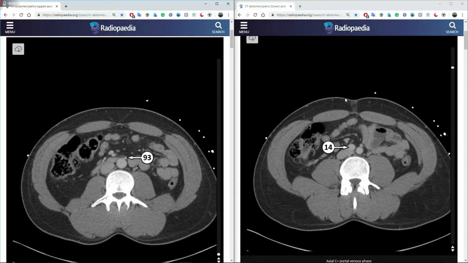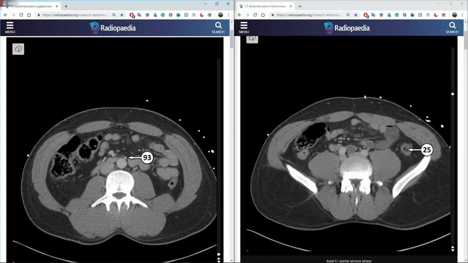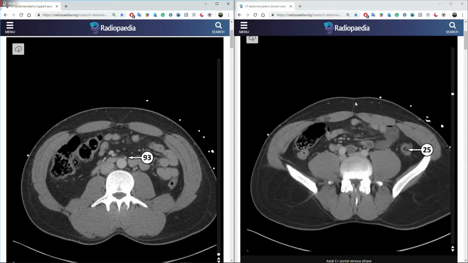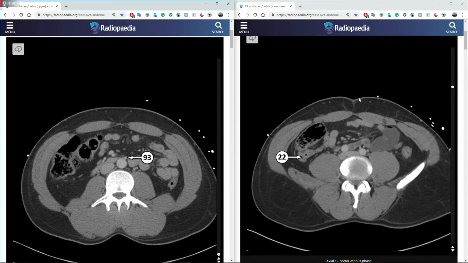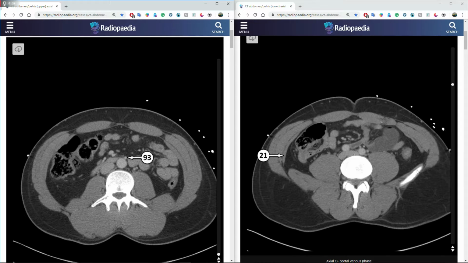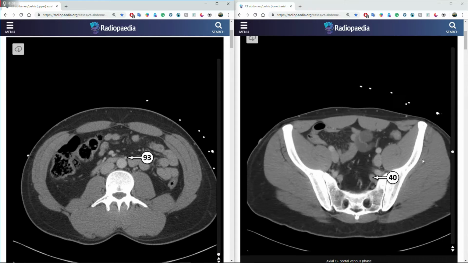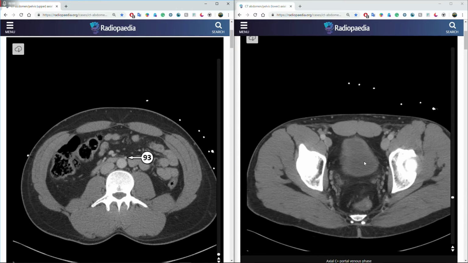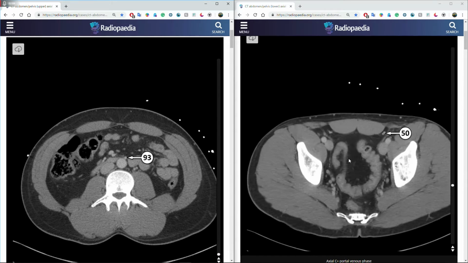Something important to note is the umbilicus here, which occurs at the level of the third lumbar to fourth lumbar vertebra, sometimes L4 to L5, and around the L4 level you start to see the iliac crest, the hip bone. We can see here at the end the bladder.